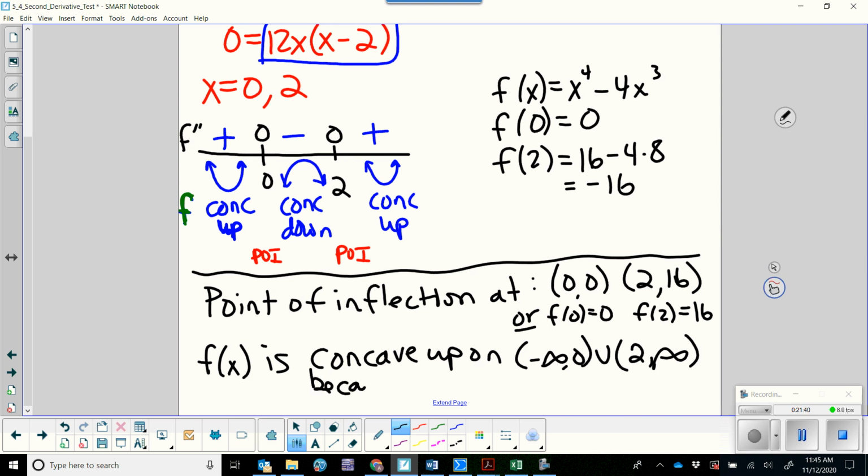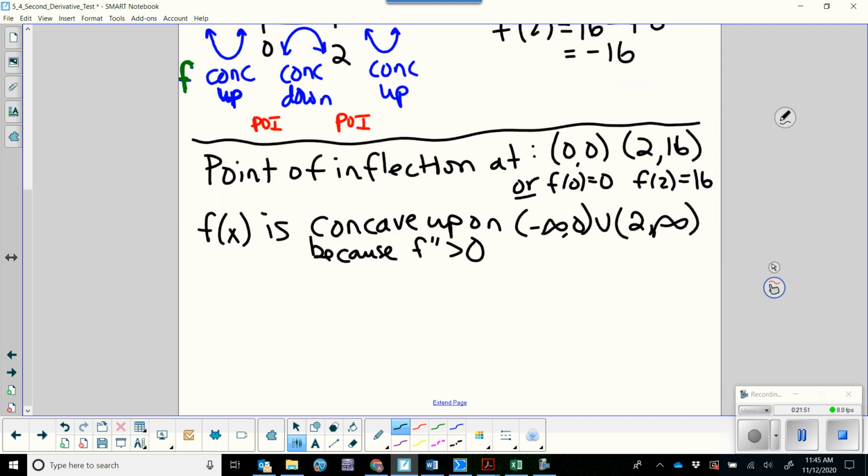Because we're always giving the reason. Oh, and we should give the reason about the points of inflection. So it's because f double prime is greater than 0. And then we actually should have answered up here on points of inflection, so I'm going to add that.